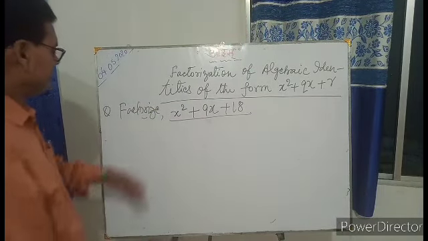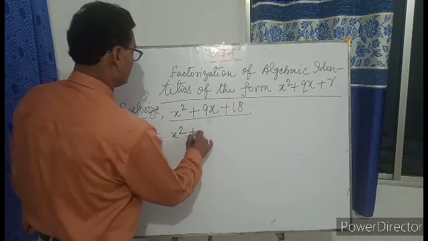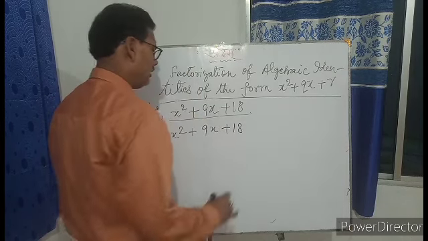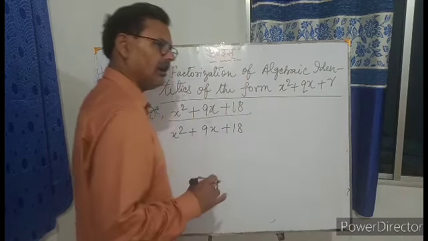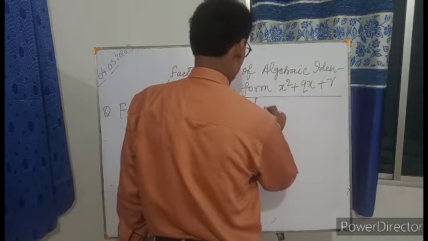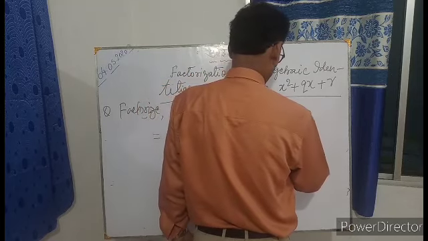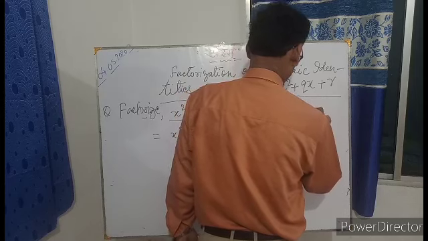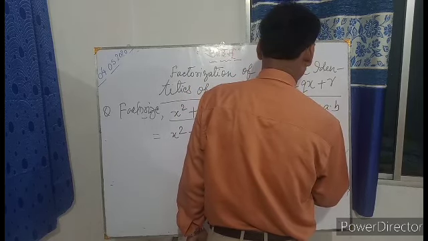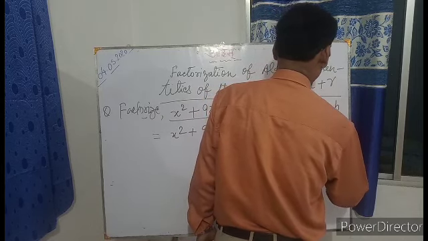Let us see, this is x square plus 9x plus 18. Now recall an identity that you have studied here. Remember, x square plus (a plus b) into x plus a into b is equal to (x plus a) into (x plus b). Do you remember or have you forgotten?